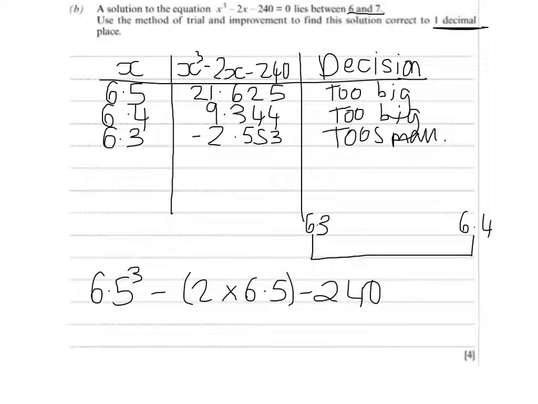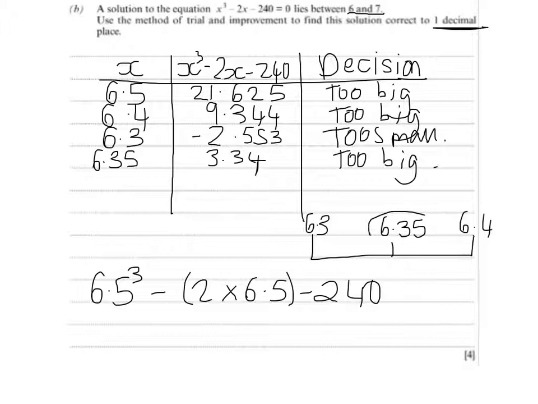So the way you test this, and you have to do it this way, is you try the number halfway between. So the number halfway between 6.3 and 6.4 is 6.35, and you always try the number halfway. So if you do 6.35, you should get 3.34, which is too big.